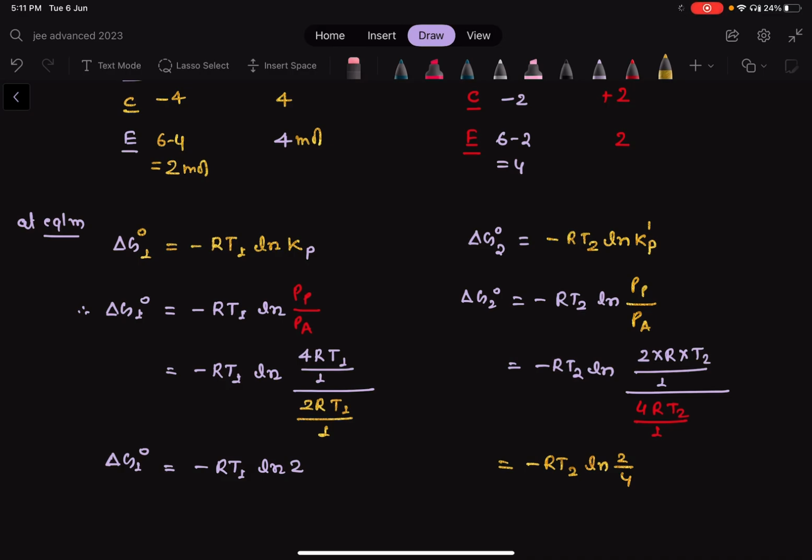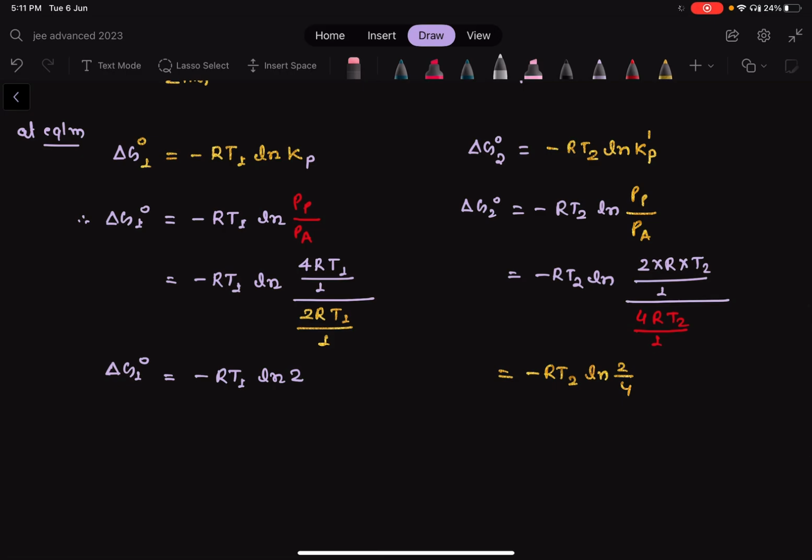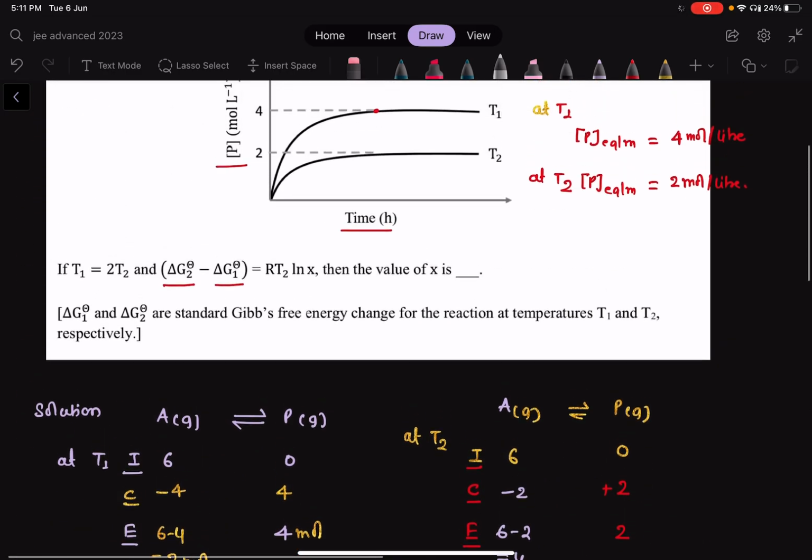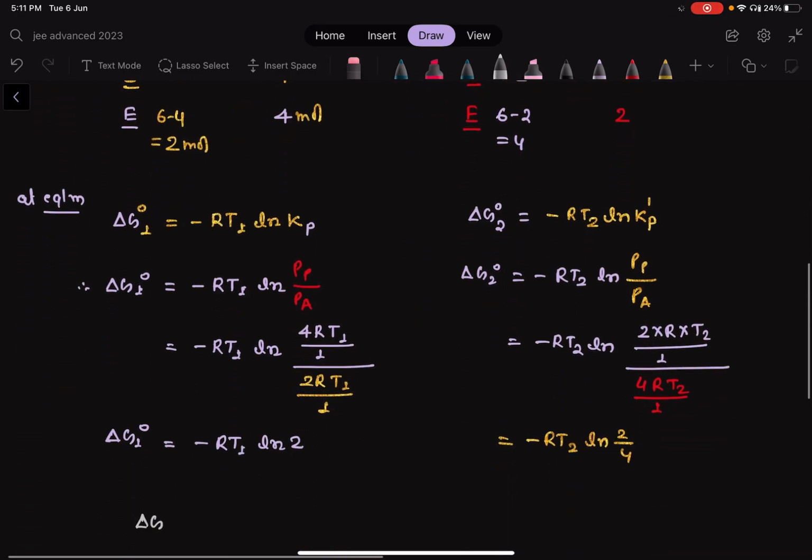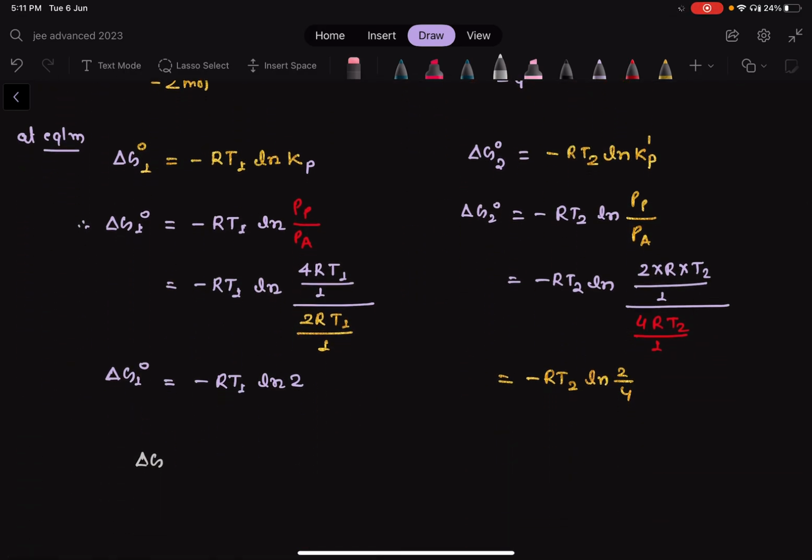Now the thing that we need to determine is the difference between delta G2 naught and delta G1 naught. So just subtract these two. Suppose this is equation 1 and this is equation 2.